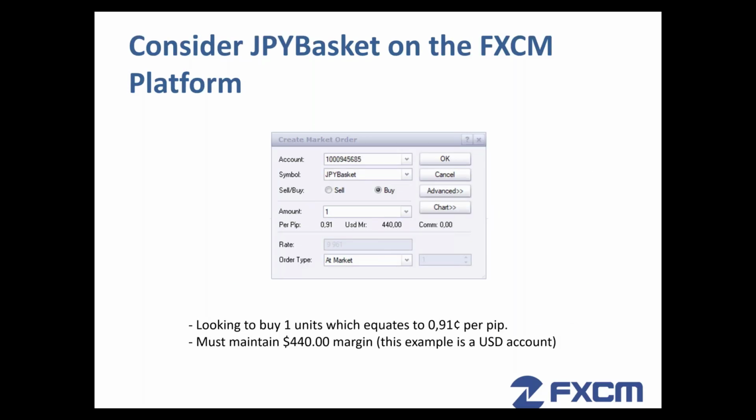Now, if one is looking to trade the Japanese yen basket on the FXCM platform, in this example, the trader is looking to buy 1 unit, and it is equating to a 91 US cents movement per pip. But you can also see that the trader needs to maintain a $440 margin to keep the trade running. And this is, of course, if the account is held in a US dollar account.